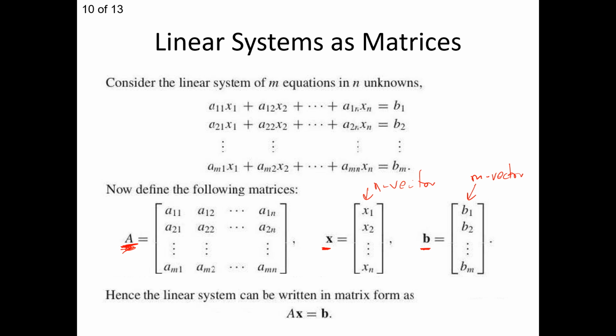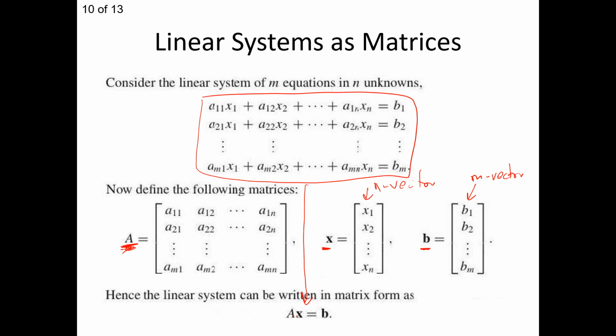Hence, what we can do is re-express this entire linear system in a simple form: the product of our coefficient matrix A with the n vector of our unknowns x is going to equal our m vector of the end results, those b values.